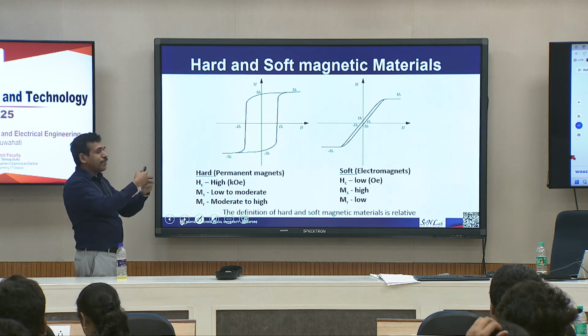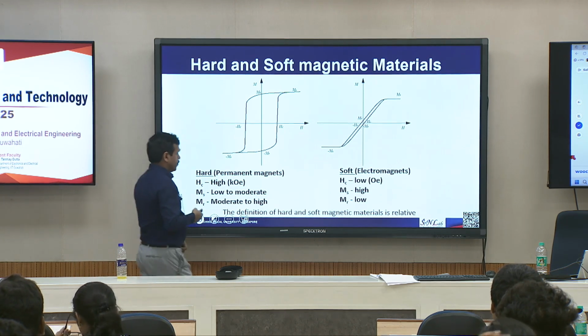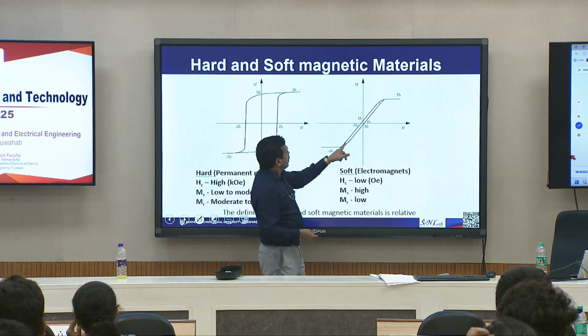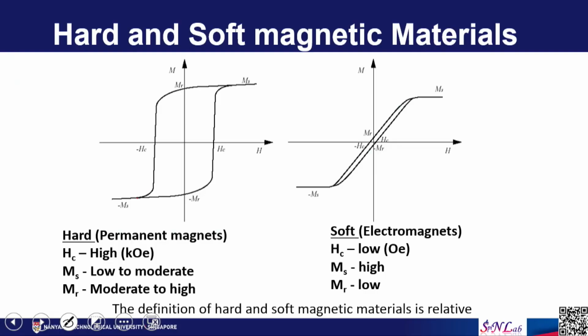You magnetize and demagnetize the transformer core many times. And this loop is basically the energy product. If this loop is wider, every time you magnetize and demagnetize a transformer, you are spending a lot of energy. So, in applications like transformers and electromagnets, you want a soft magnetic material which does not retain magnetization, or which has almost 0 hysteresis loop. That kind of property you need for some applications.